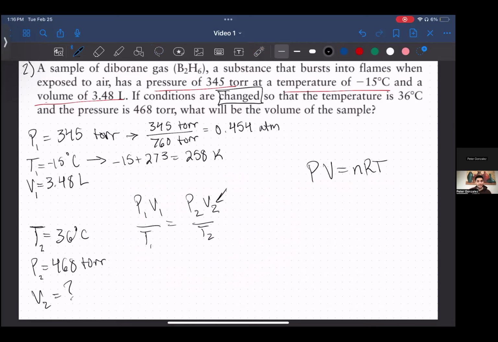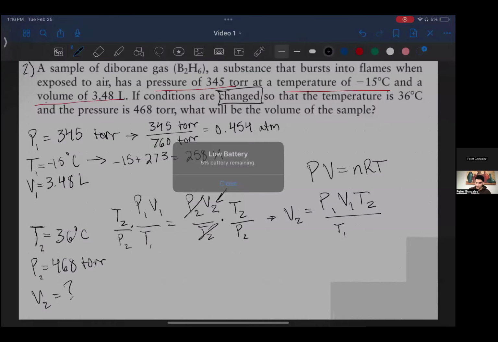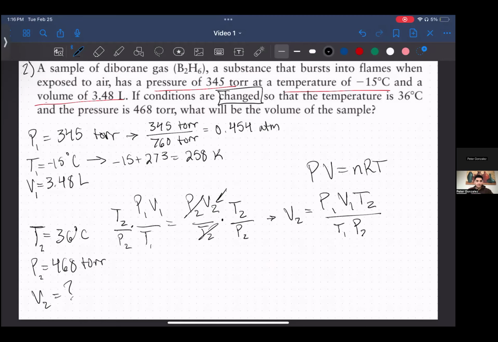So I'm going to go ahead and isolate for V2. I'll multiply both sides by T2 and I'll divide by P2. If I do that, we find that V2 has to be P1 V1 times T2 divided by T1 and P2.